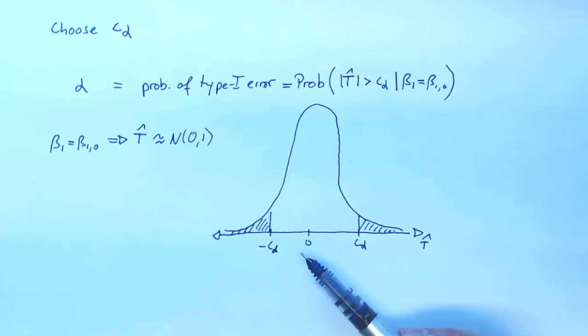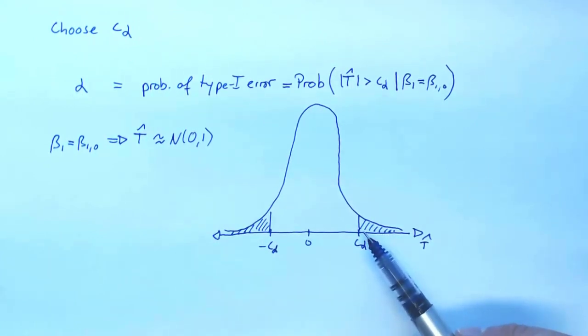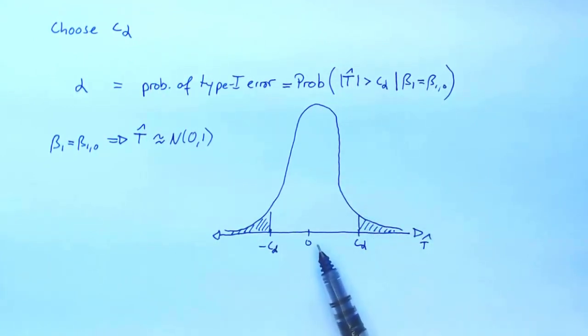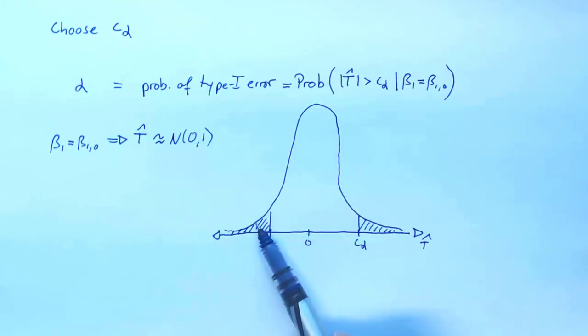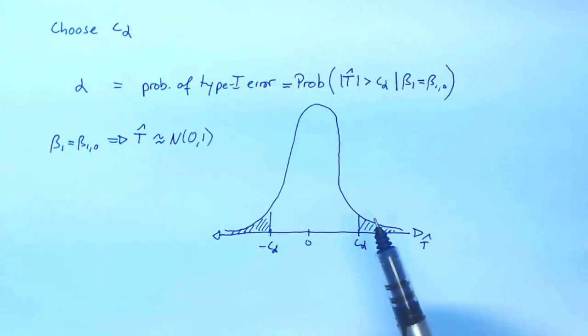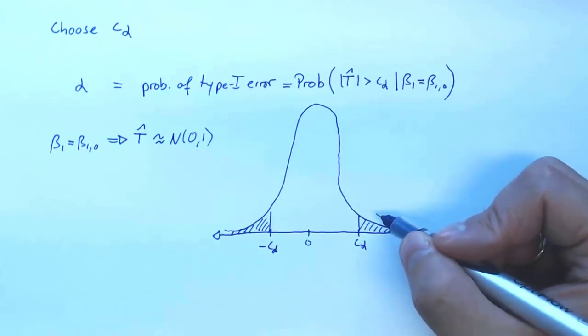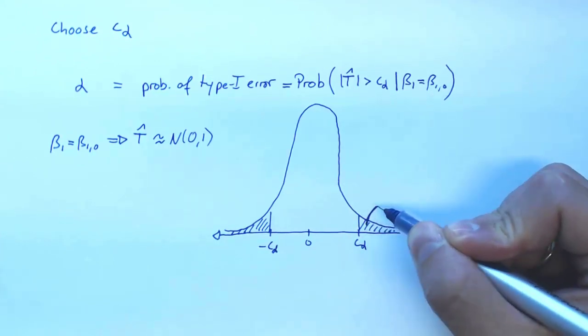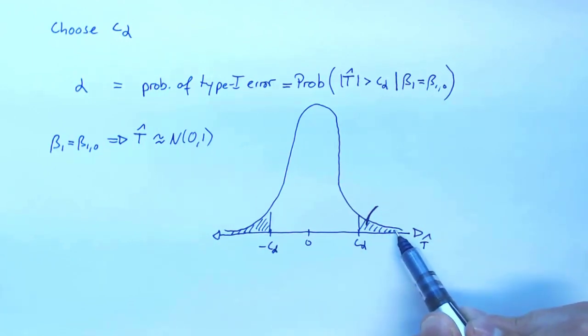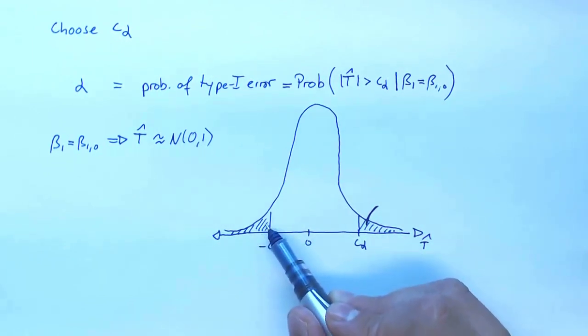Now in computing the probability of type 1 error, we can exploit the symmetry of the standard normal density. So these two areas have to be the same. We'll first compute this area, and then we know this area is the same.